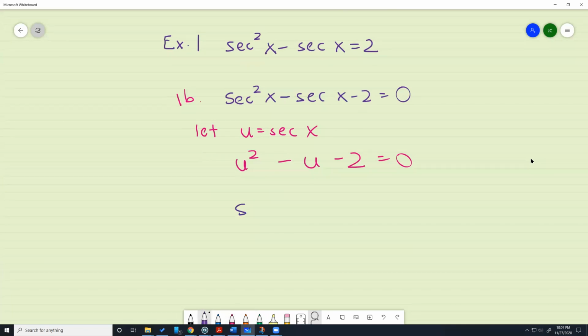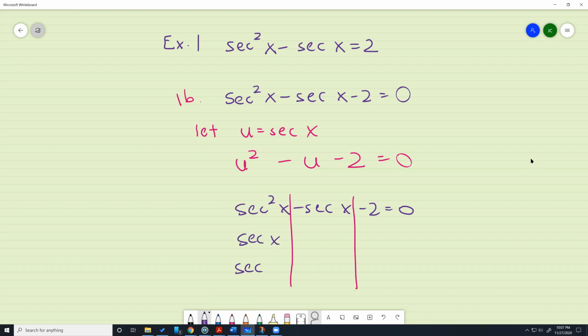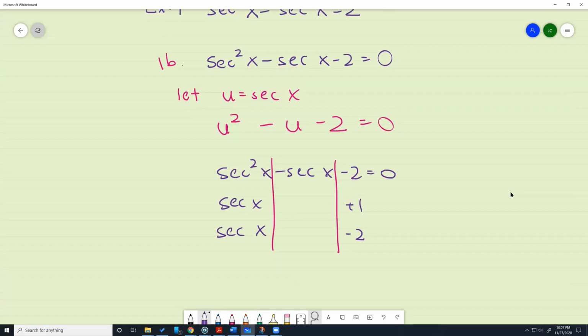I'm just going to go ahead and factor it as it is. So let me show you how that looks. I'm going to do my special butterfly method. It'll look nice and pretty. I guess on this side, the two factors are going to be -2 and +1.